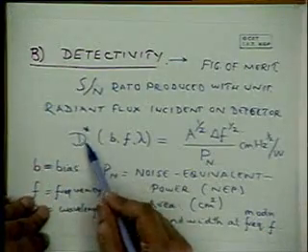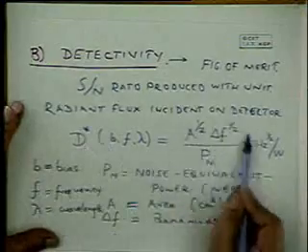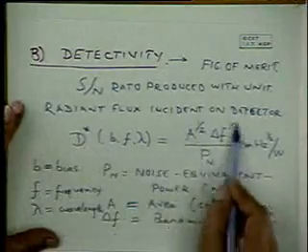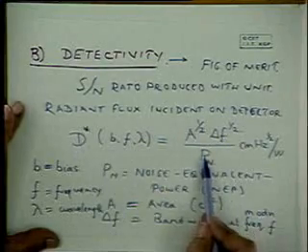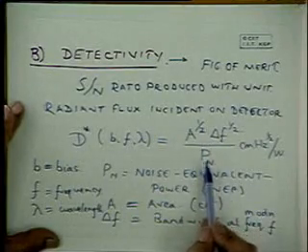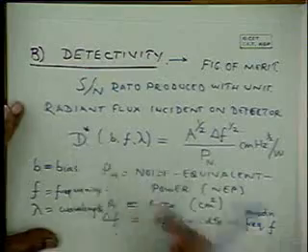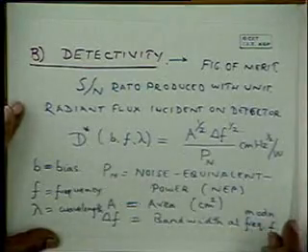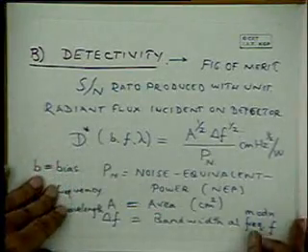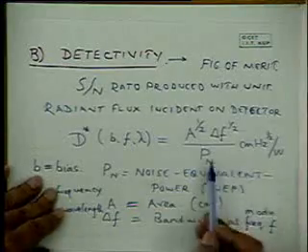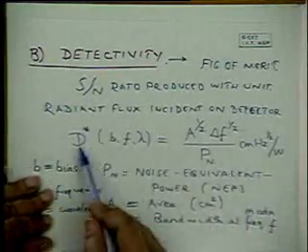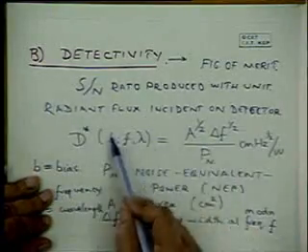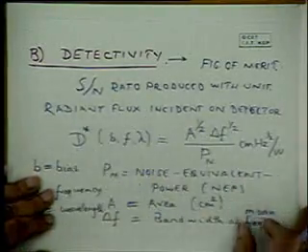Apart from these constants, D star is inversely proportional to NEP or Pn. If the noise equivalent power is small, then the detectivity is very high. And obviously you can write that Pn is equal to this by D double star.